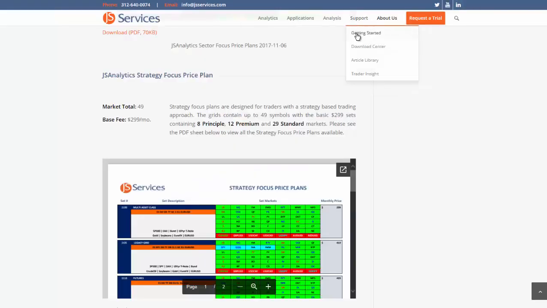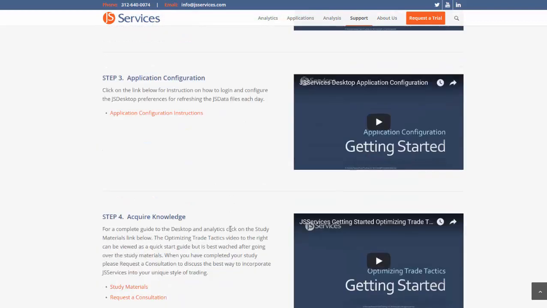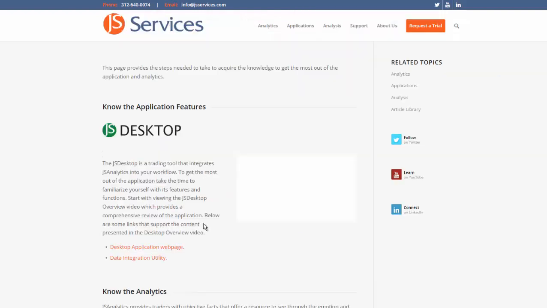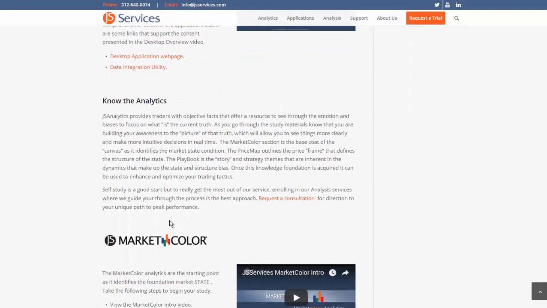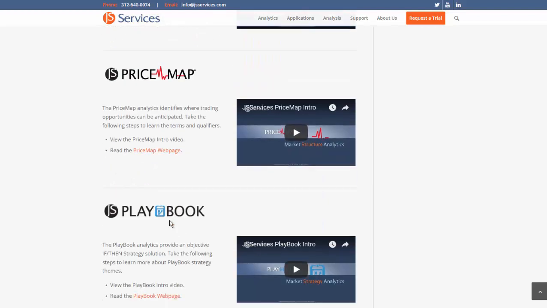Under the support section of the website, the Getting Started section will help you get set up, and then you can go to Acquire Knowledge and really get into the study materials, which go over the desktop features, how to integrate with our integration tools, and each of the major components.